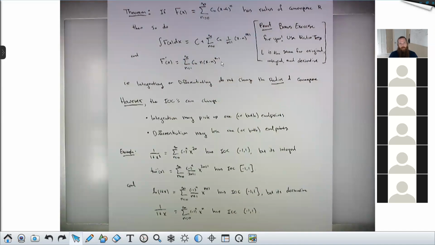All of those will get the same number L for the ratio test, which means they all have the same radius of convergence. So see if you can compute L for the original series, for the integrated series, and for the differentiated series. See if you can show that you get the same thing for all three.